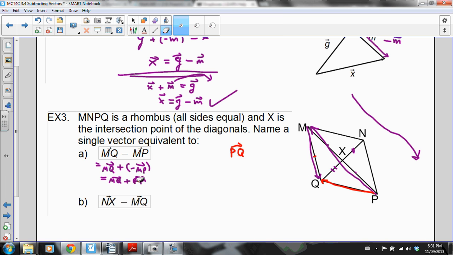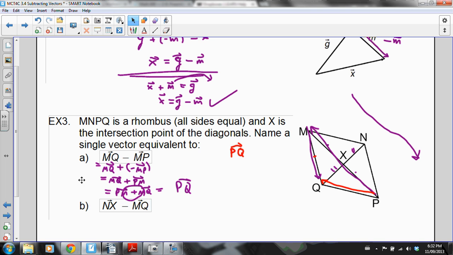That was a bit of a mess. Let me rewrite that so it's nice and clear. And then suddenly I've got an addition of vectors. These letter ones are pretty easy then. Again, I'm looking to place the two vectors tip to tail, so I'm going to change the order of them. And I get PQ. There's the tip to tail in the middle, and it's all good. All right, and that's a letter way to do that.